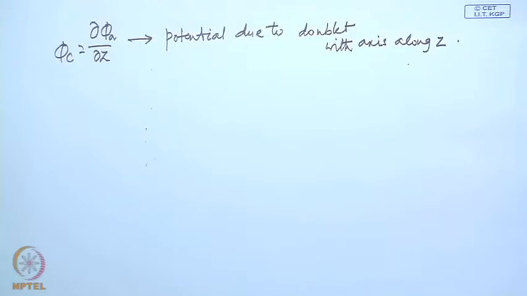Or we get that the cross flow potential is represented by a doublet distribution with axis along z.